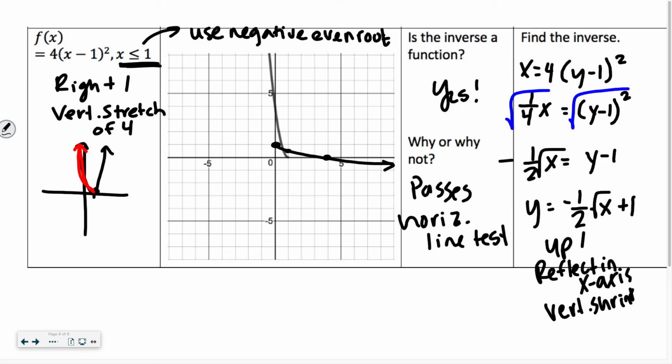That's what my inverse function would look like. Again, just to drive home that point, that's just a reflection in the line y equals x. If you check a point, like I had this point 4, 0, 0, 4 is on the other graph.